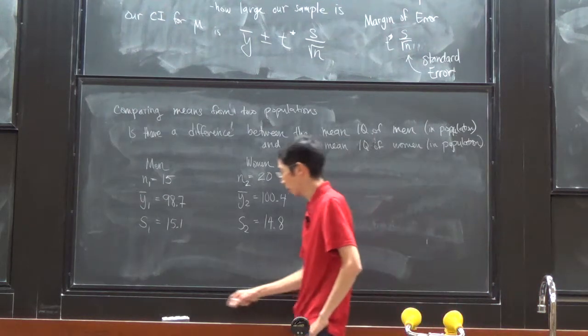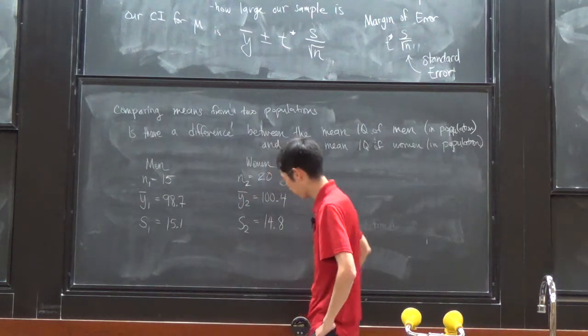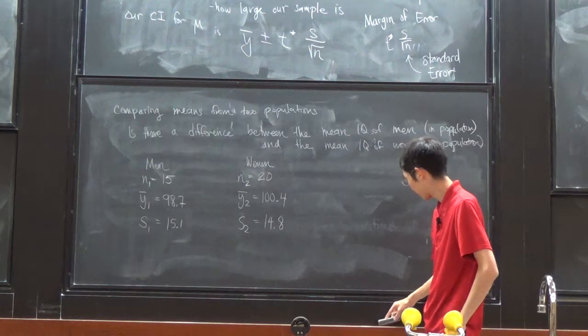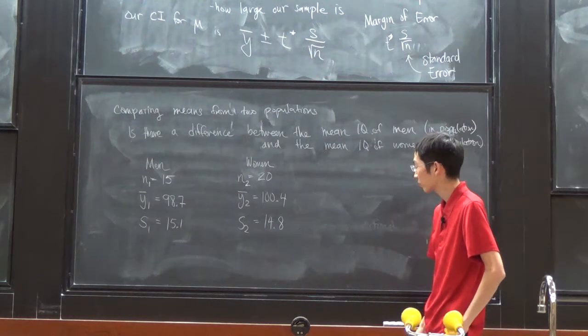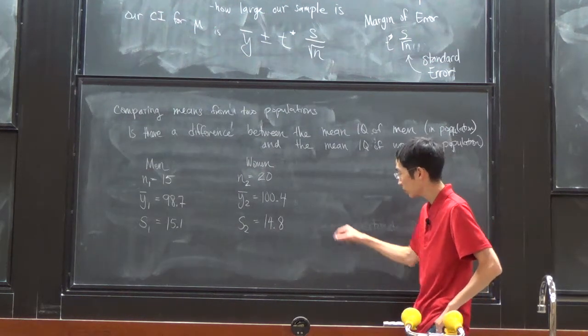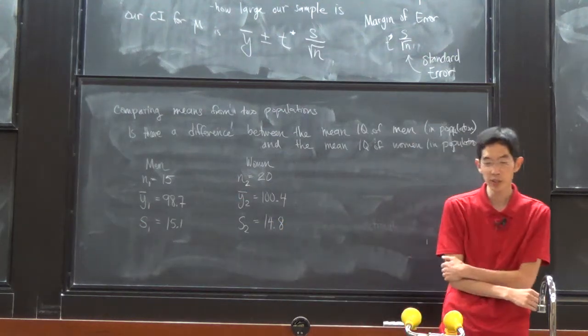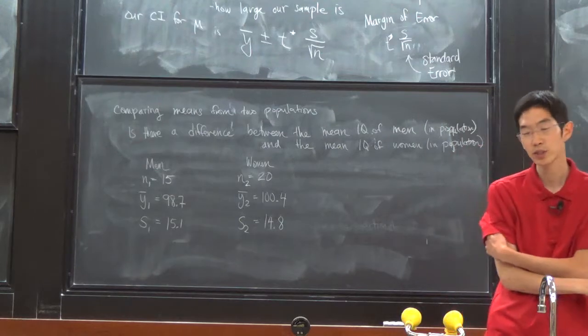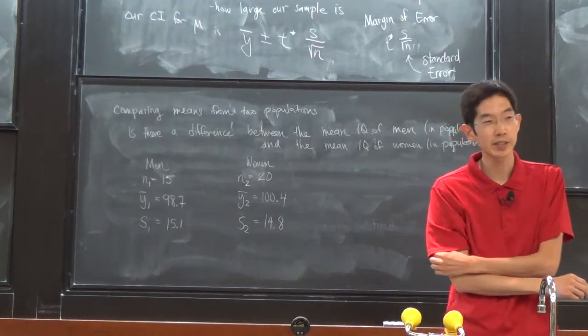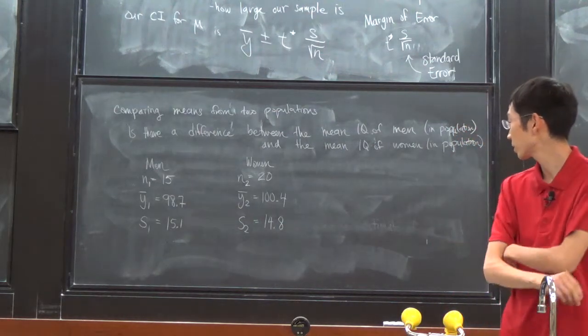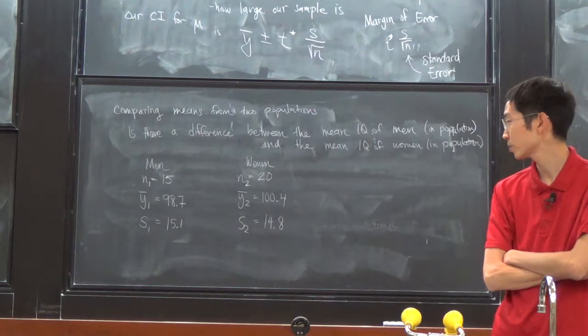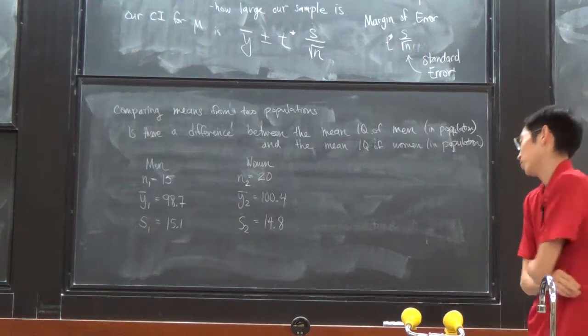Well, if I only showed you the mean values of our samples, we would say the mean values are different, but they're not very, very different. They're only a couple points different. And so we're not sure.